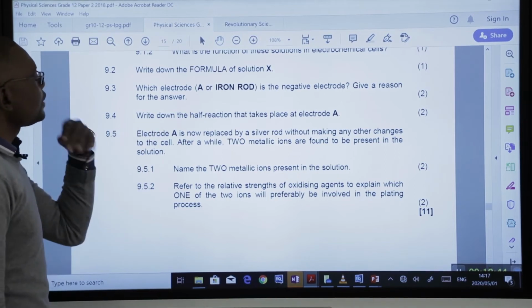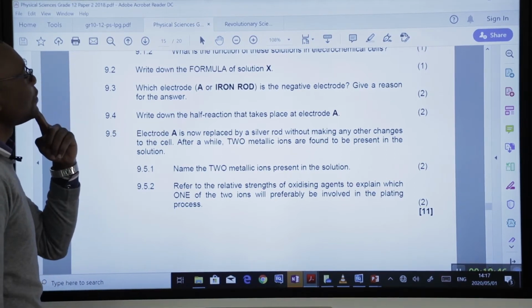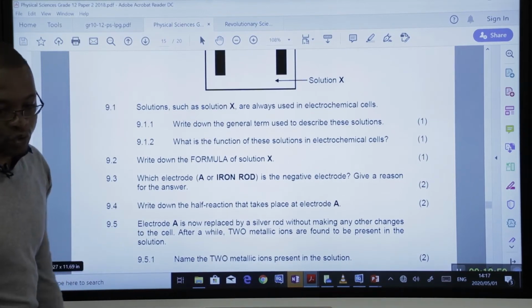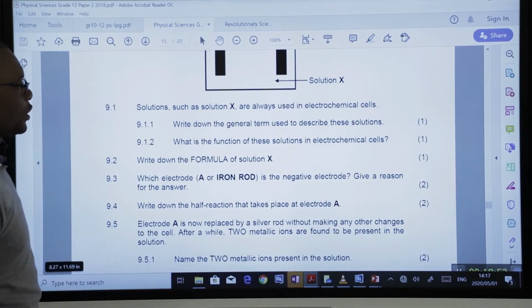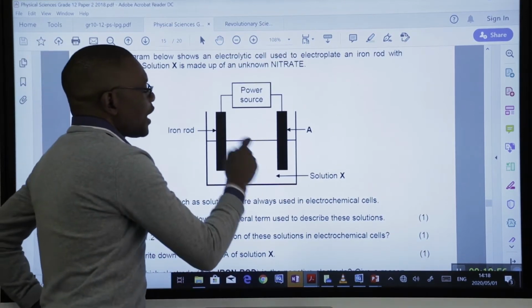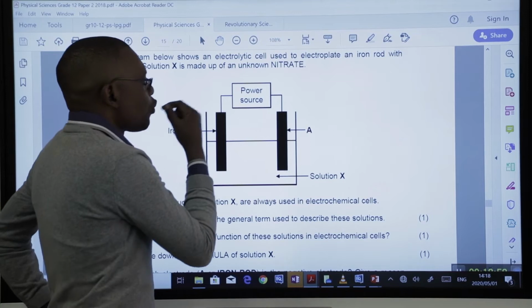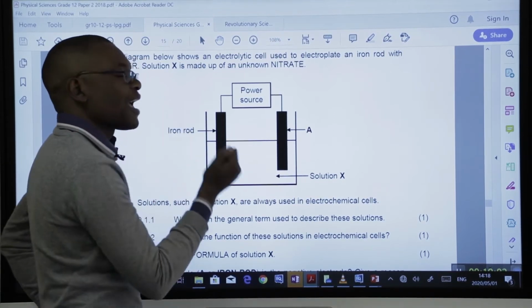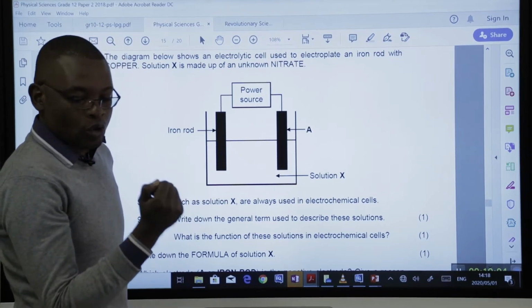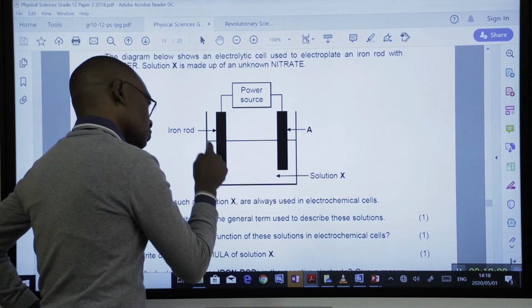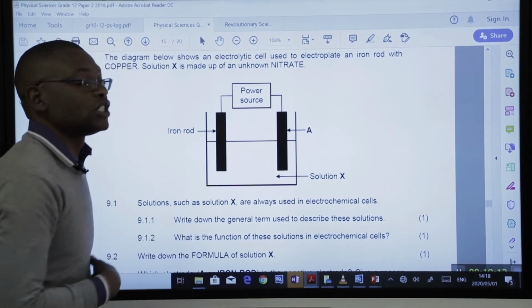Okay, here is another question. Write down the half reaction that takes place at electrode A. Boys and girls, at electrode A we should have copper going into solution so that it moves towards the iron rod, which is negatively charged.